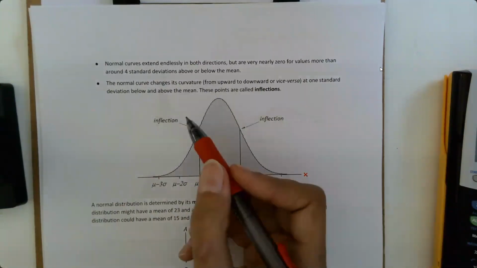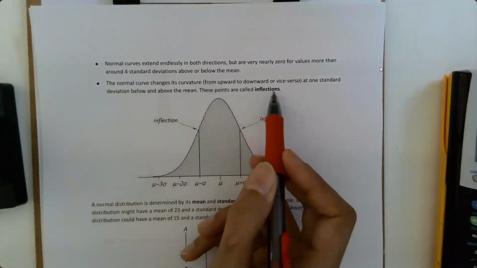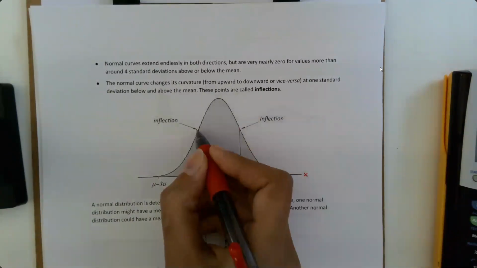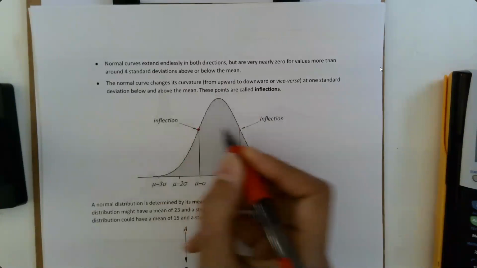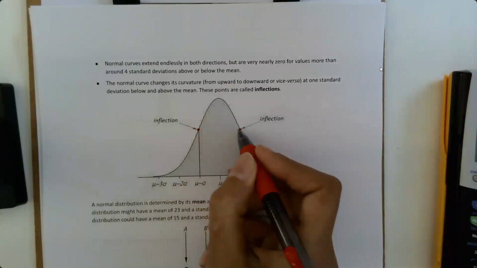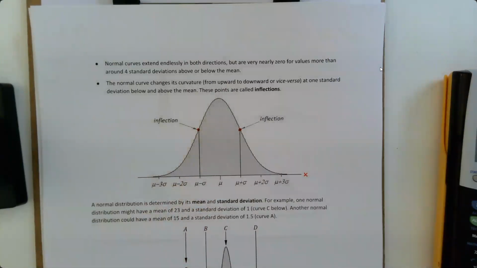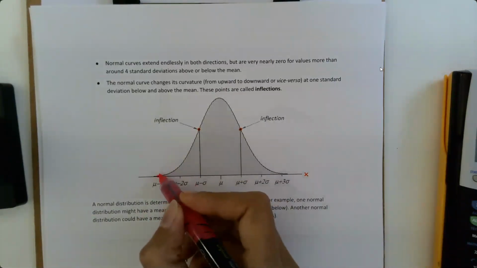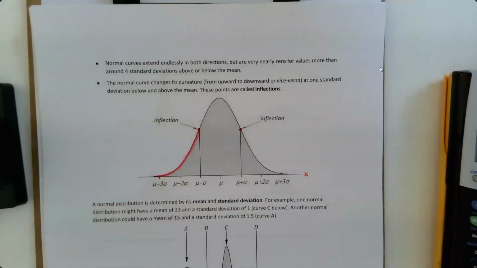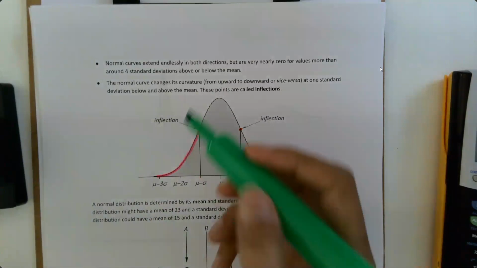These points are called inflection points. Inflection points are the points where the curve changes its curvature. It's going up, upward curvature. Then it's going down, downward curvature.